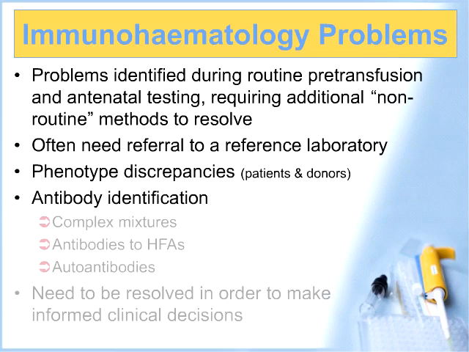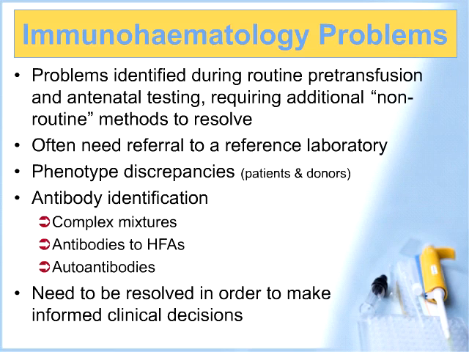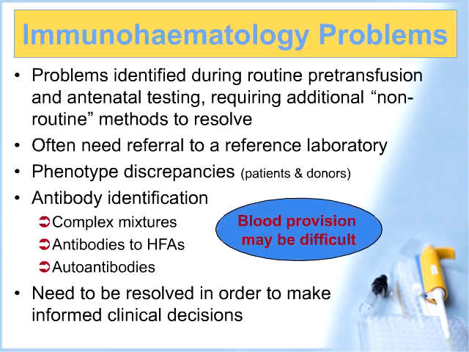When we talk about antibody ID, this could be complex mixtures of antibodies, or antibodies to high-frequency antigens, or autoantibodies. They all need to be resolved in order to make informed clinical decisions. I'm going to be covering the complex mixtures and antibodies to high-frequency antigens today, because these are areas where blood provision may be quite difficult.